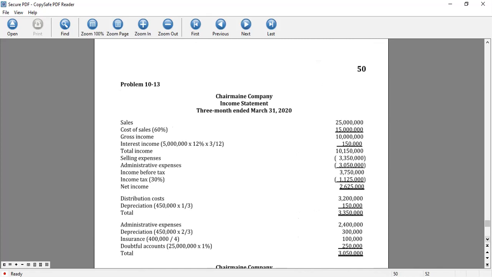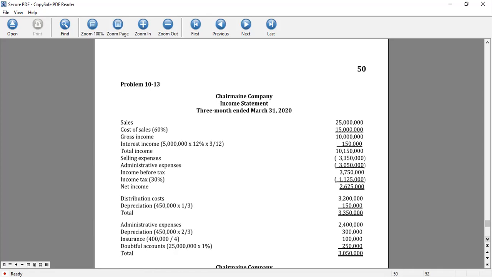Now we are given the condensed trial balance on March 31, 2020. So now you are given the balances of the debits and the credits, including cash, accounts receivable, inventory, prepaid insurance, notes receivable, land, and we have buildings and equipment for 18 million.